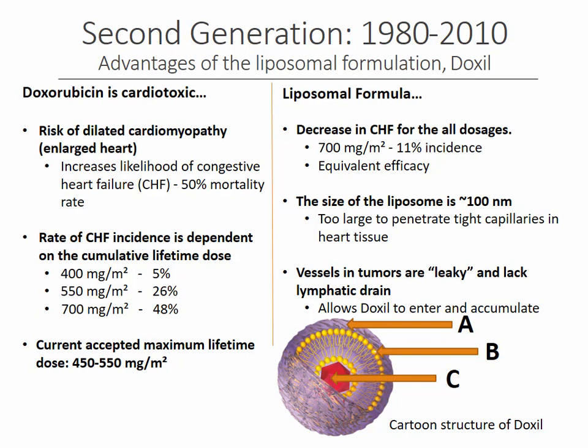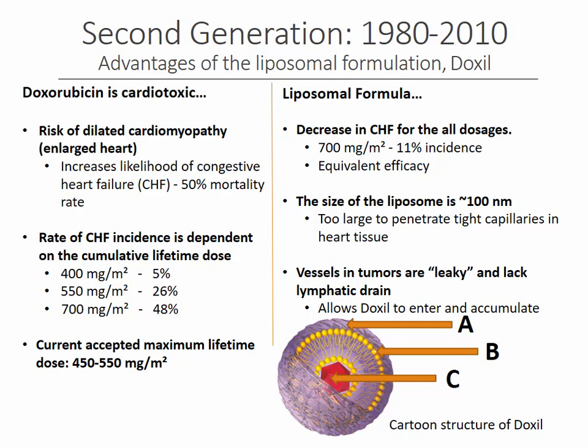So how did the liposomal formula solve this problem? So it decreased the CHF for all the doses. You can see here 700 milligrams, only an 11% incidence compared to the 48%. And equivalent efficacy, it works just as well. So how is it preventing the cardiomyopathy?